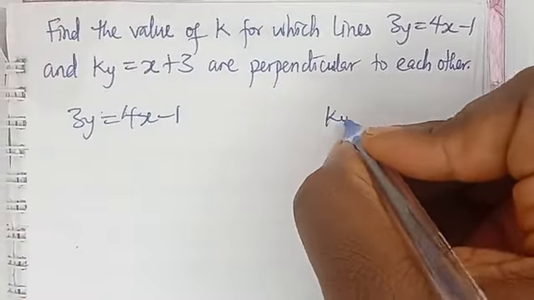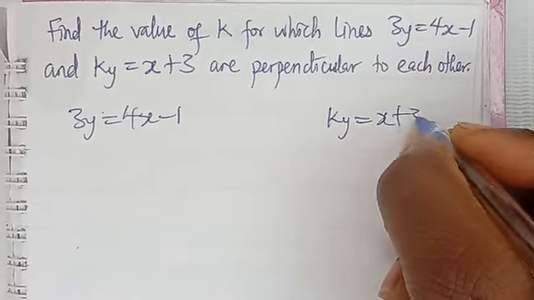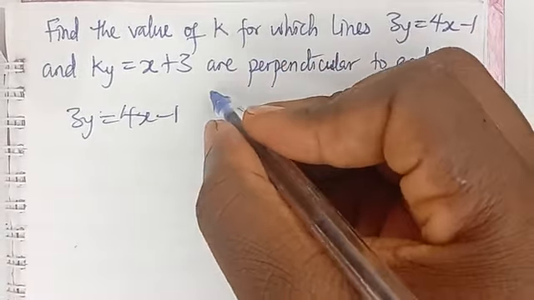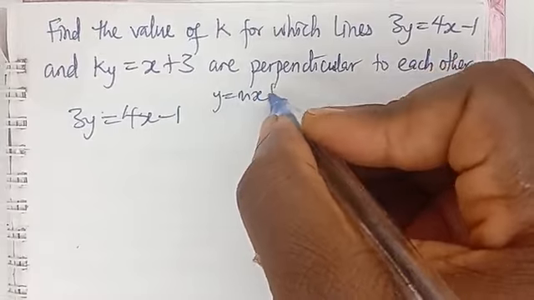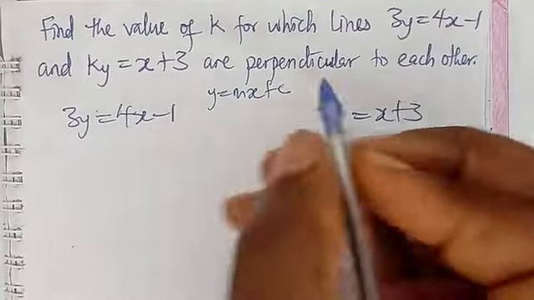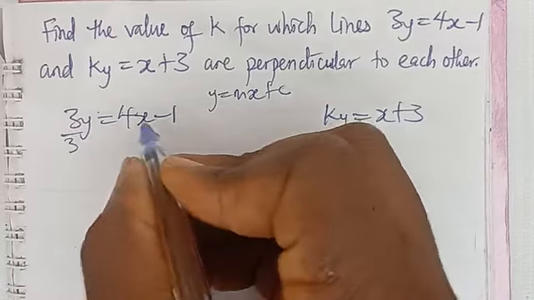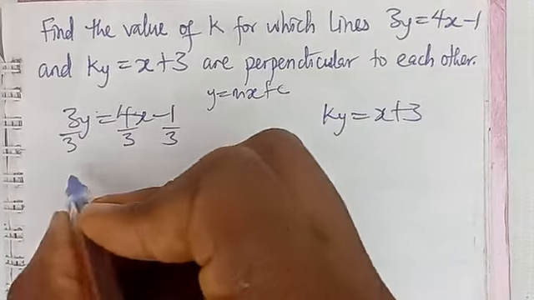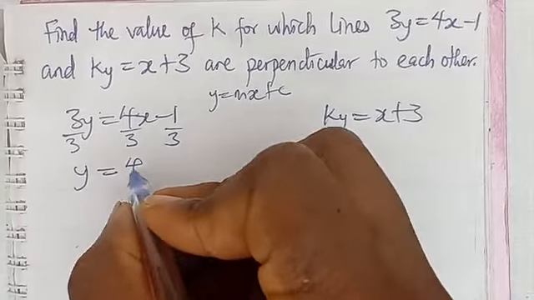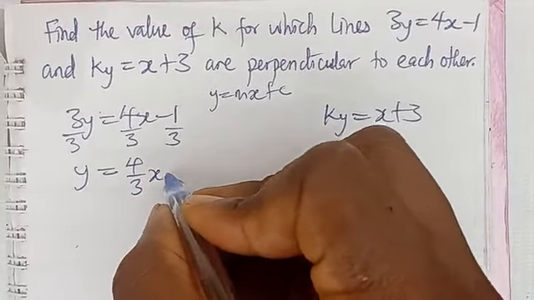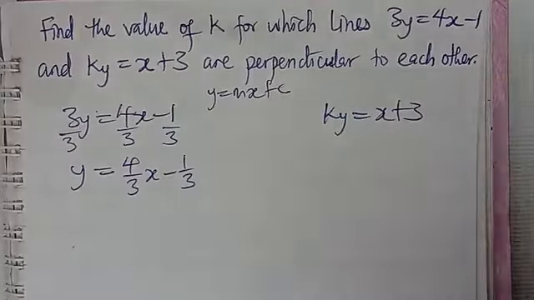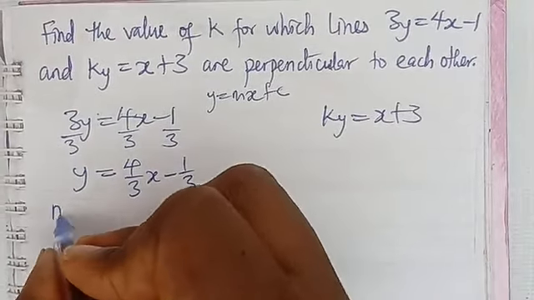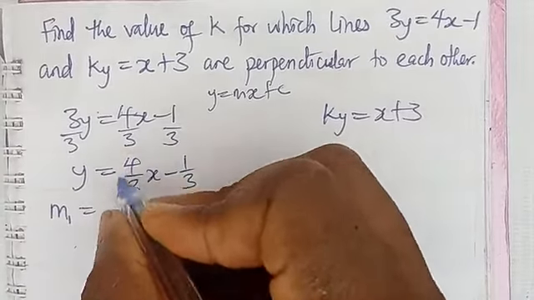And we have ky is equal to x plus 3. Now let's have it in this form, y equal to mx plus c. Okay, y is already here, so we divide everything by 3. We have that y is equal to 4 over 3x minus 1 over 3. Now that means that m1 is equal to this, 4 over 3.